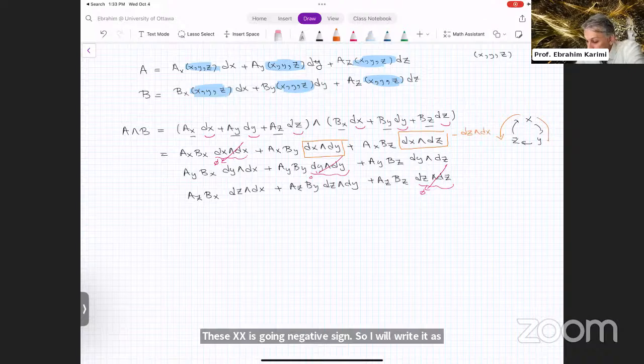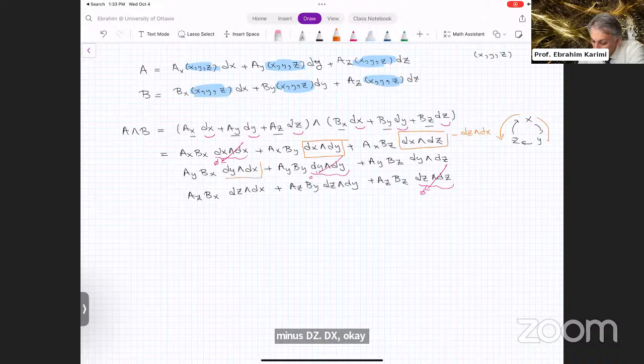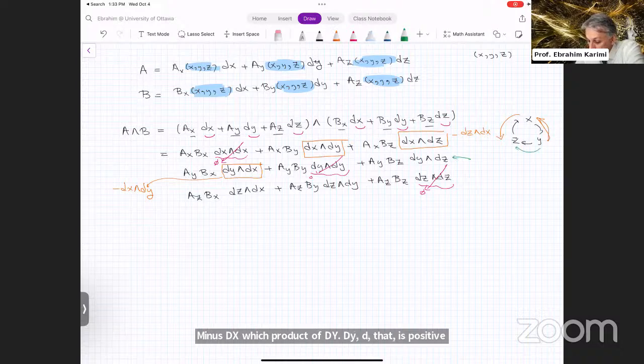Okay. This one, dy dx, is going in a negative way again, so I will write it as minus dx wedge dy. Dy dz, that term is positive in the same way because it's going yz.